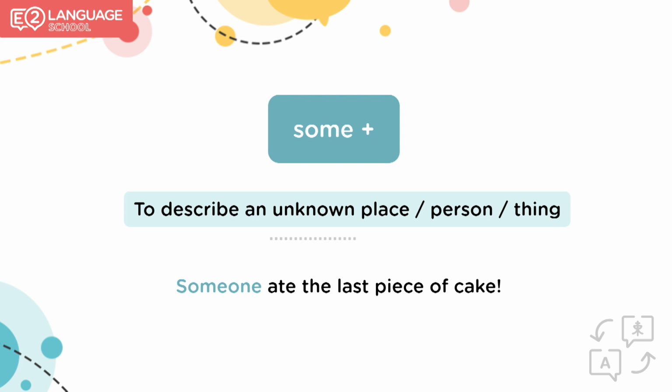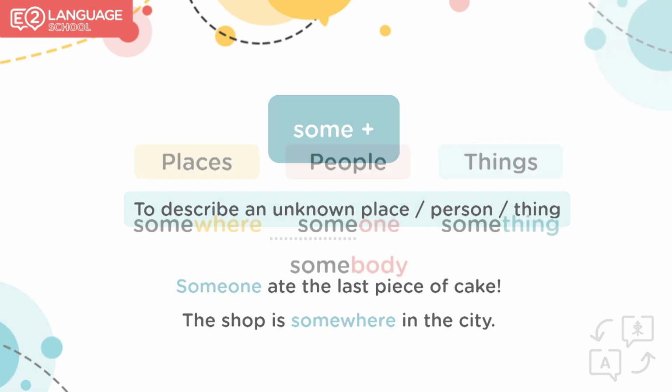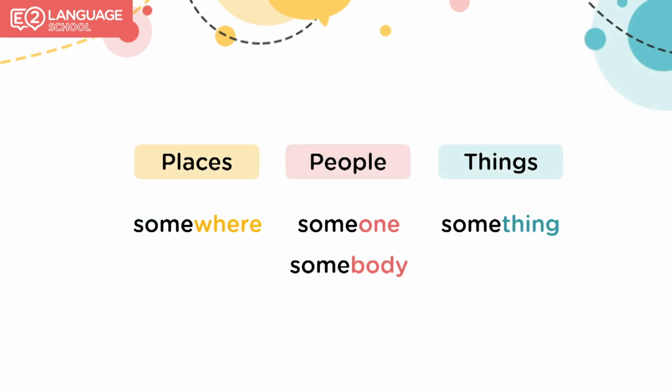So I need to say someone. Or the shop is somewhere in the city. So I know that it's in the city, but I don't know exactly where. I don't know its exact location. For places, somewhere, people, it's someone or somebody, and things, something.